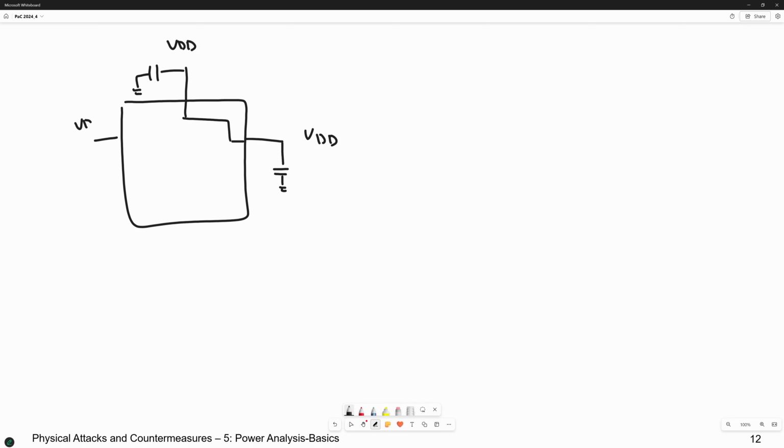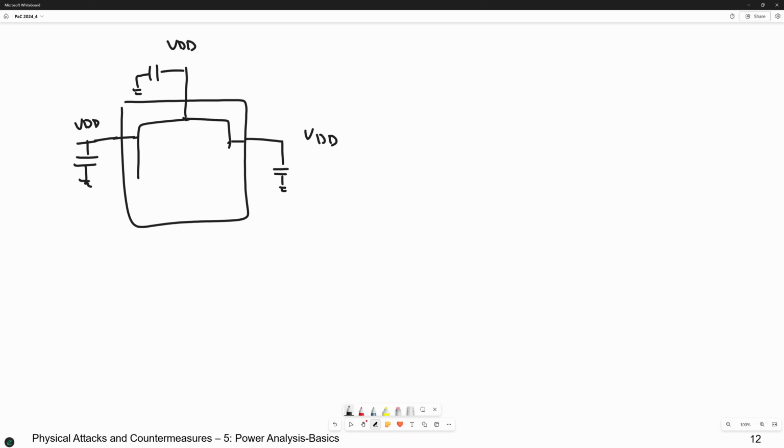There is also a VDD. I don't expect you to be a PCB designer, and you may not have seen any PCB design, but it should be like this, and they are, as I said, internally connected together.